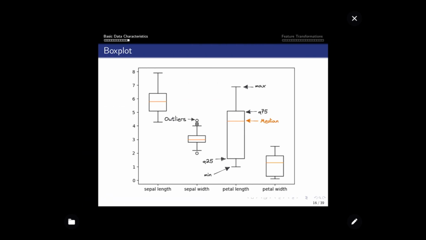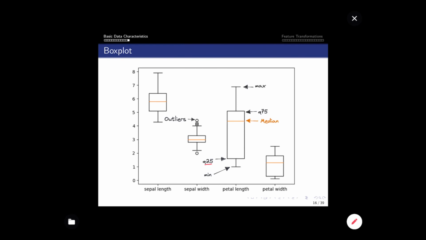And then you can also do a box plot, which is usually a really nice visualization of the statistics of your data. So here we have the features, and then we have the median, which is indicated by this middle line, and then we have the quantiles, the 75% quantile and the 25% quantile, indicated by this box here.